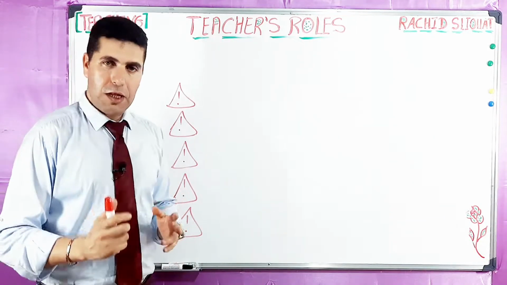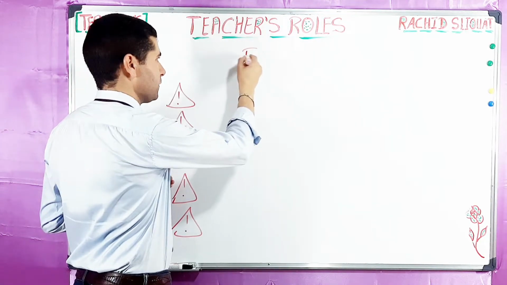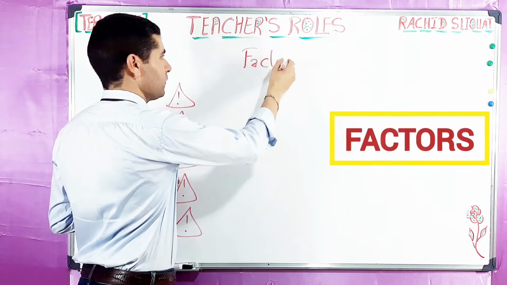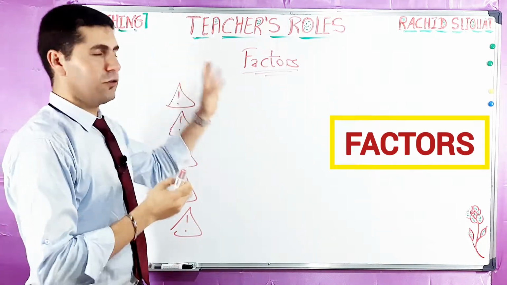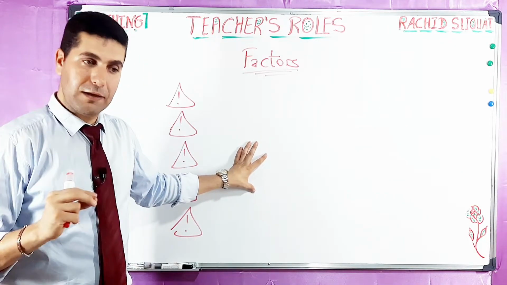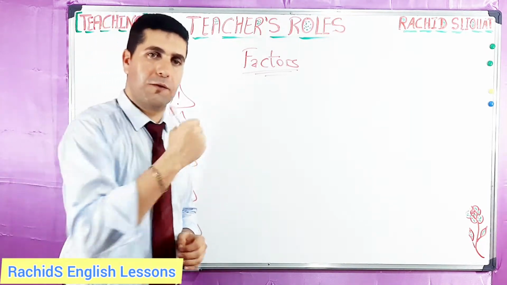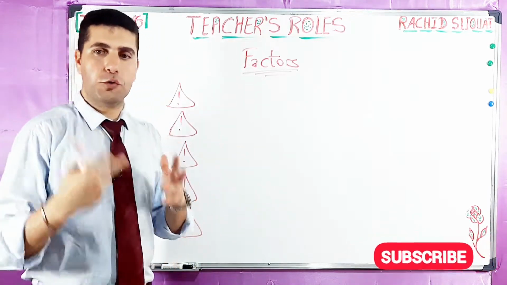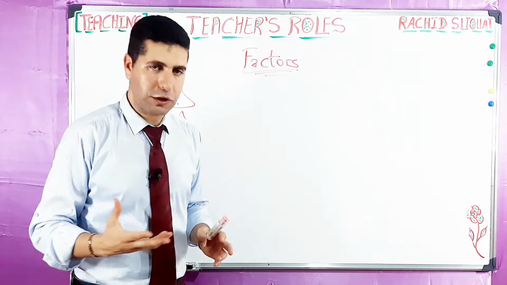You can just go and check on my channel, you will find it. So today, in this episode, we are going to talk about the factors, okay? The factors that affect the teacher's roles. What are the factors that affect your roles, or dictate some roles, or specify some of your roles in your classroom or in teaching in general?